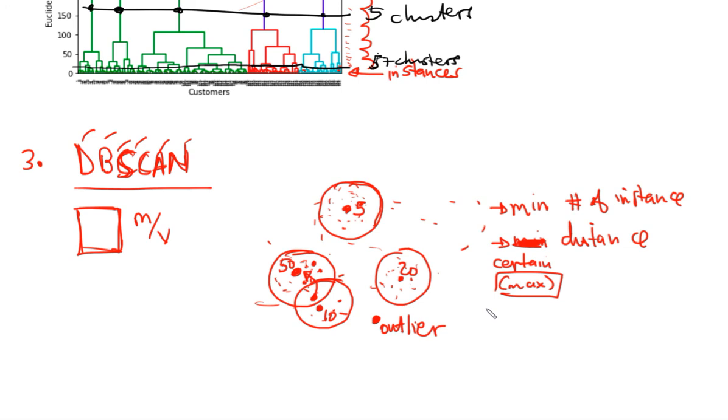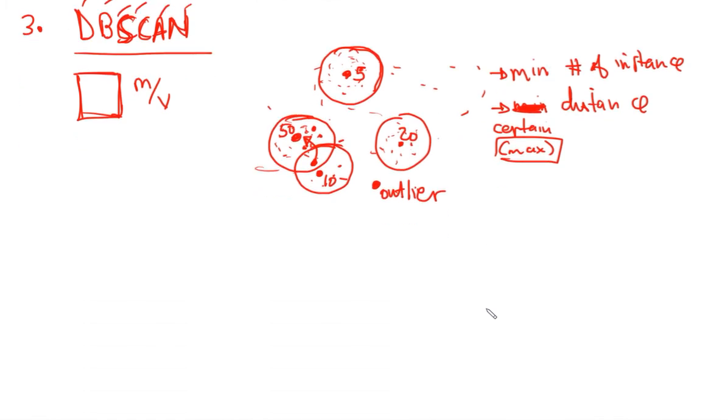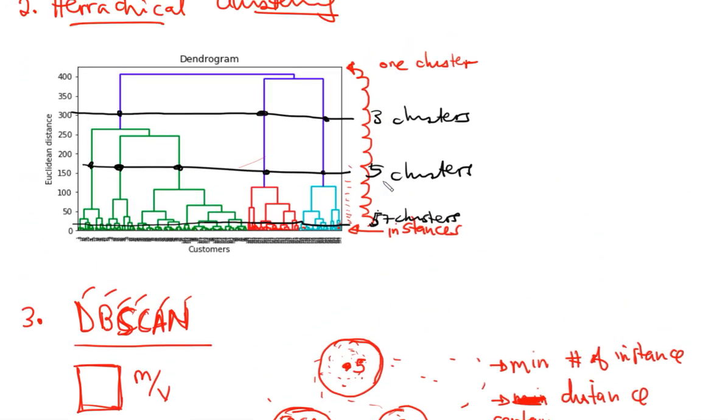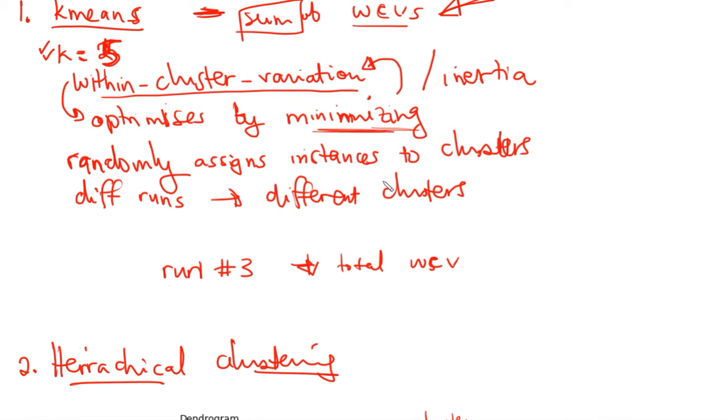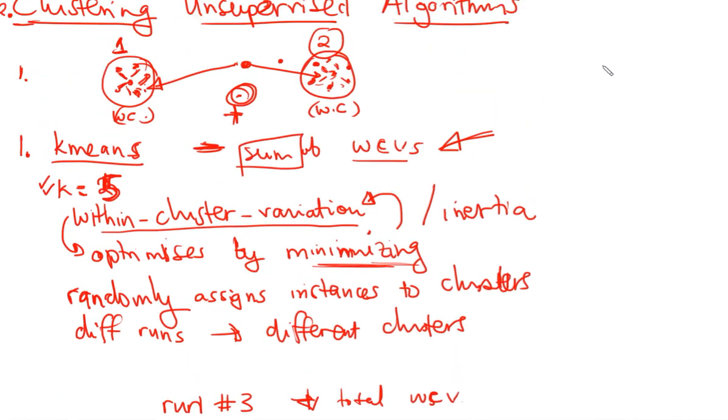The advantage of this over something like k-means is that this outlier does not affect the clusters. Outlier, you're outside our distance, we do not care. But the problem with k-means is it tries to run everything. So imagine there was a point here. It was going to try to minimize this by putting this point along with some other cluster.